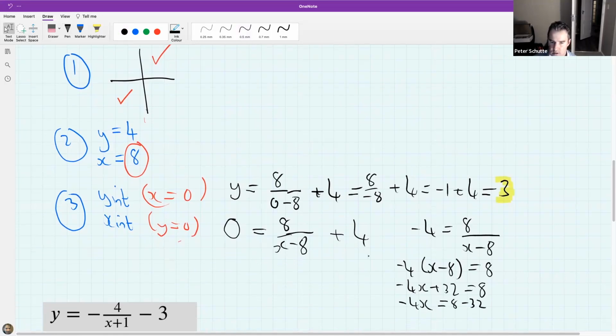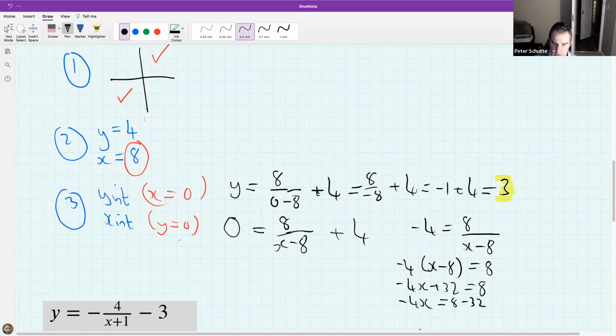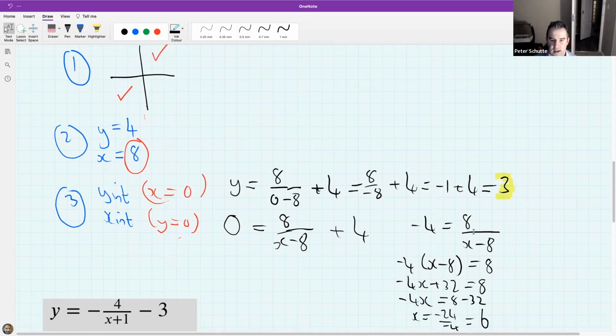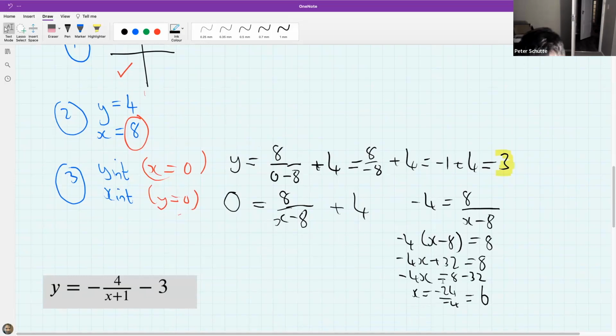We get, actually, I'm going to bring the -4 across, so I get x, and that's minus 24 over -4, which is 6. I get 6.